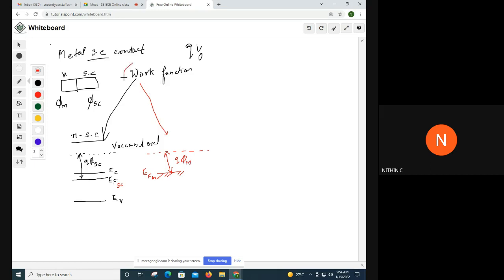So, based on this, work function is the parameter on which the classification of metal semiconductor contact depends. So how is that classified? That we will see here.